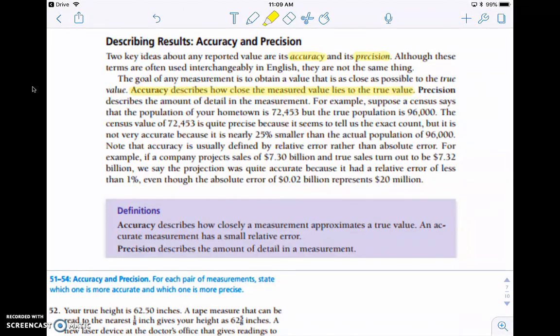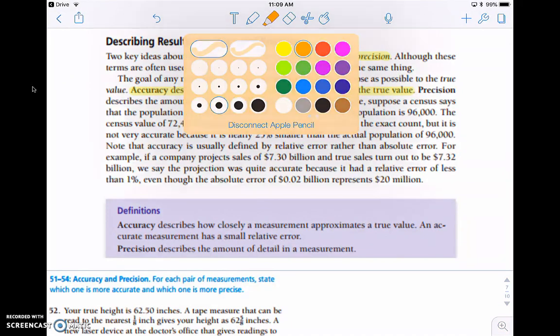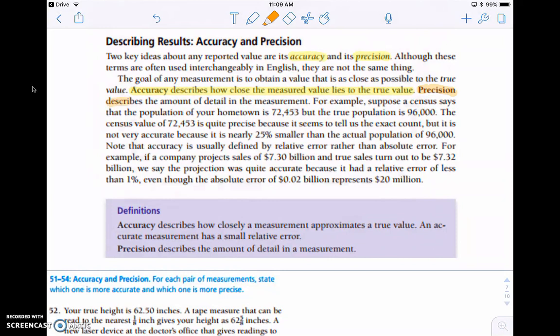However, precision describes the amount of detail in the measurement. For example, suppose the census says that the population is 72,453, but the true population is 96,000. The census value of 72,453 appears to be quite precise because it seems like it's telling you an exact count.